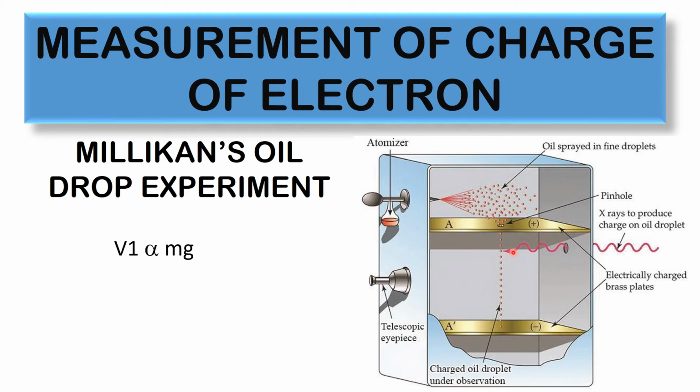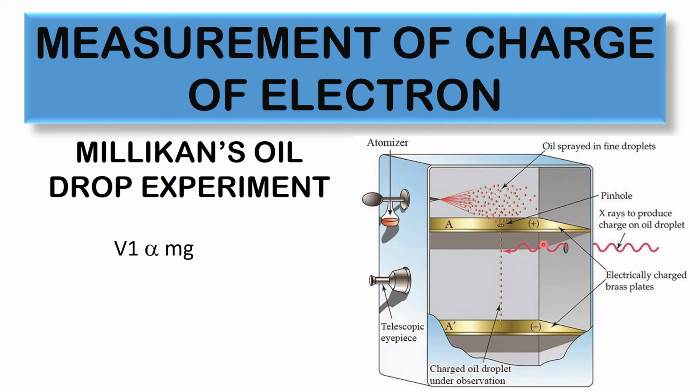To start with, these electrodes were not connected to the battery, and the oil droplets went down with gravity after penetrating the pinhole. Then X-rays were made to fall on these droplets, converting them into negatively charged droplets. And at the same time, voltage was applied through these plates.